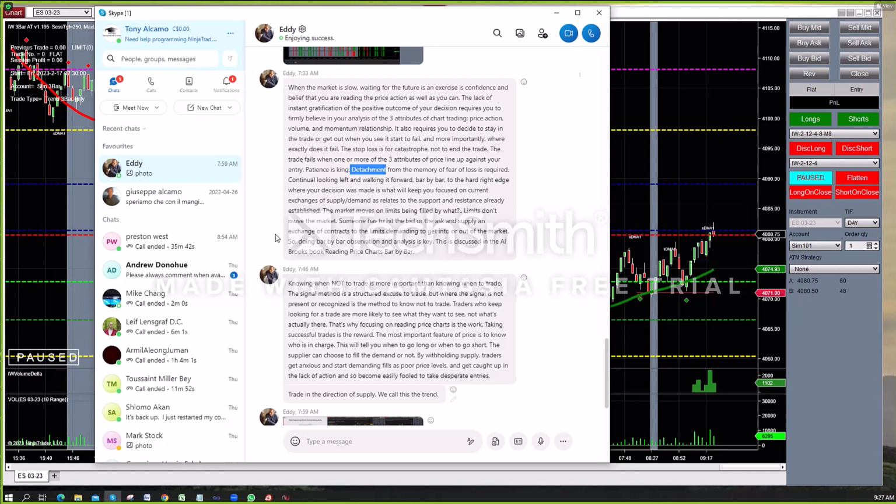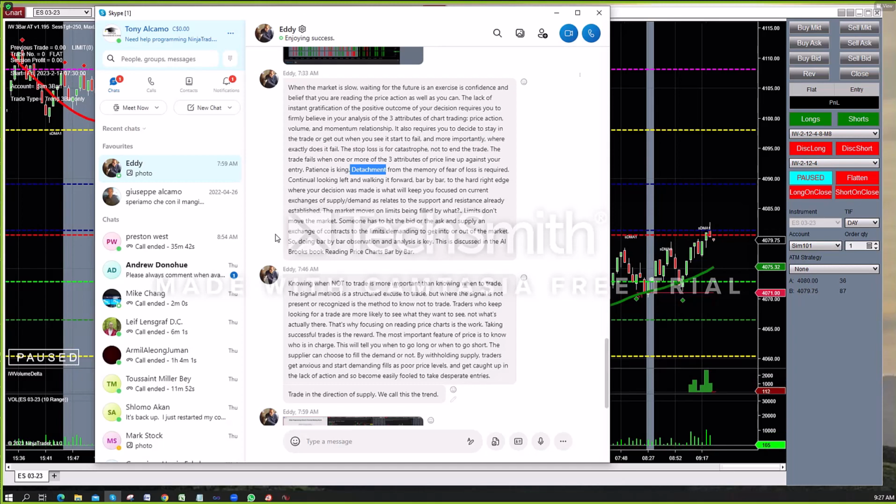This is going to tell you whether you should be going long or going short. The supplier can choose to fill the demand or not. So they can either hit the bid or hit the ask. They can do whatever they want, and they can control what you're going to be seeing on your chart.